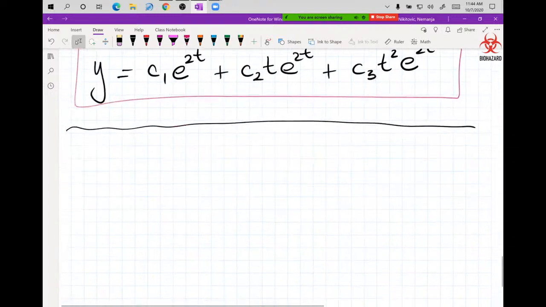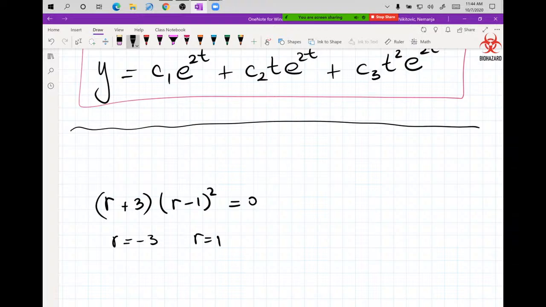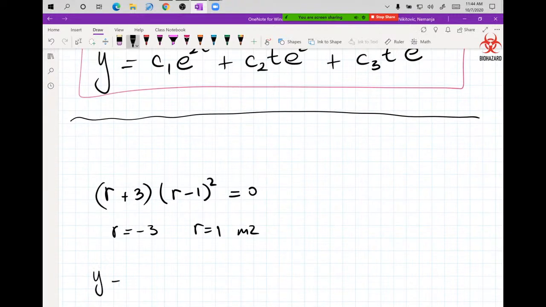That's possible as well. You can have, let's say, r plus 3 times r minus 1 squared equals 0, right? So this is r equals negative 3 and r equals 1 with multiplicity 2. So your solution is y equals C1 e to the negative 3t plus C2 e to the t.